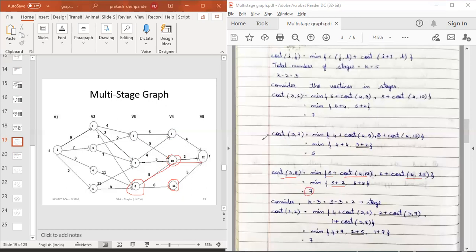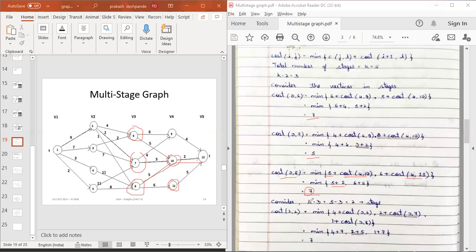Now, out of these three, at the stage number 3, there are 3 different vertices, 6, 7, and 8. Cost of 6 is 7, cost of 7 is 5, and the cost of 8 is 7.